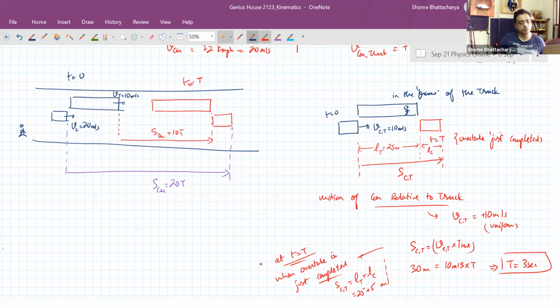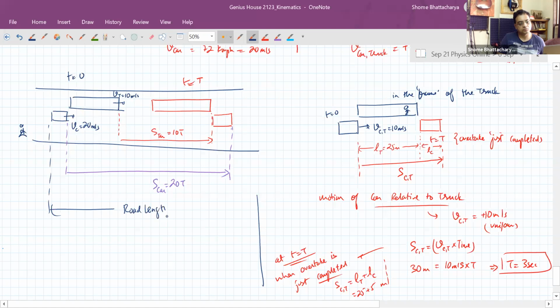And this is the length of the road that is utilized. So the road length you can see is the displacement of the car plus the length of the car.